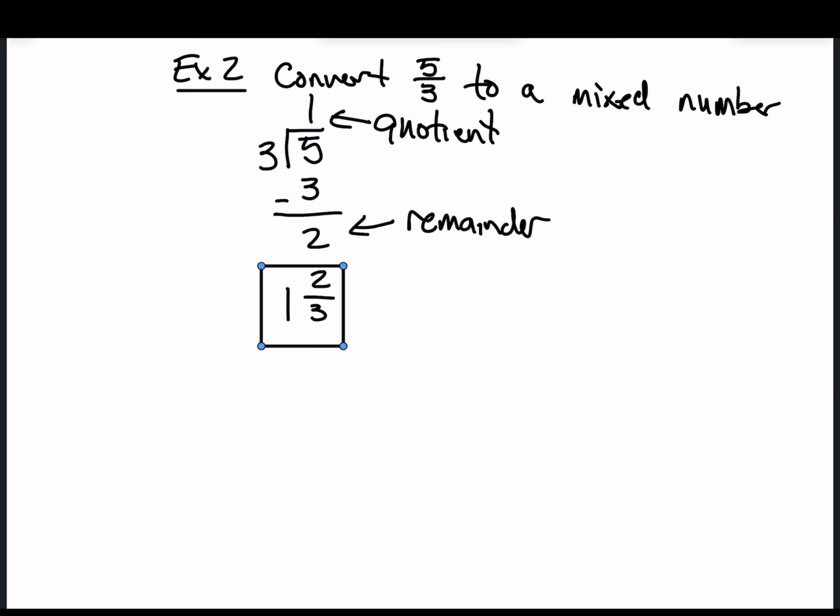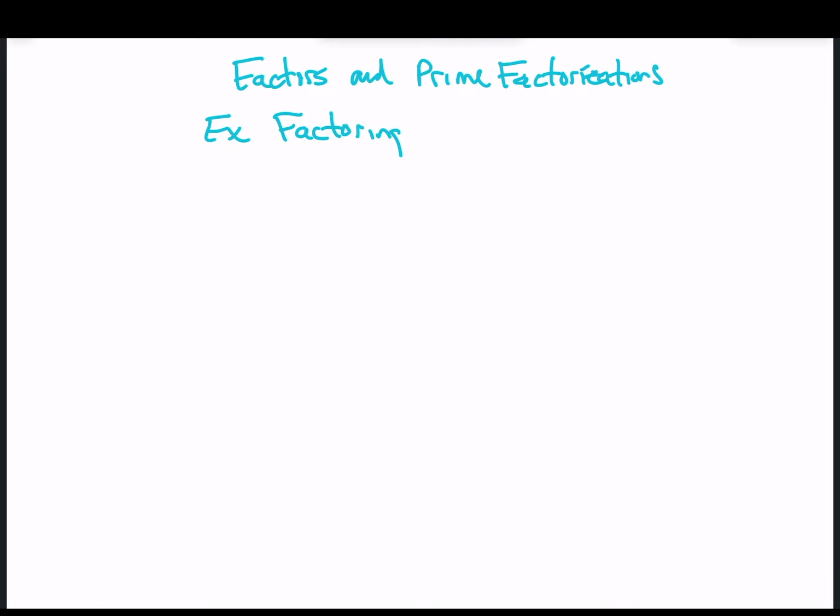Let's talk about factors and prime factorizations. Okay, factors and prime factorizations. So just a quick example, factoring 21 as a product of factors. Well, 21 can be rewritten as 7 times 3.